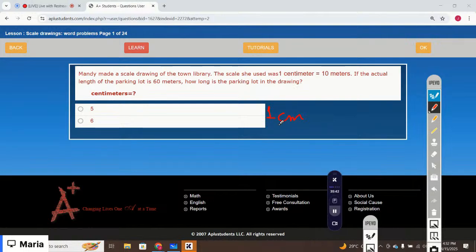That means 10 meters equals 1 centimeter. So you need to see how long it is in the drawing. 10 times 6 is 60. That means 1 times 6 is 6. So option number 2, that is 6, is the correct option.